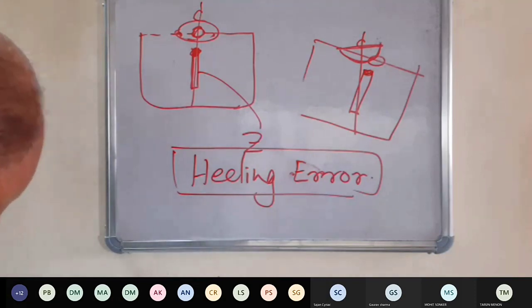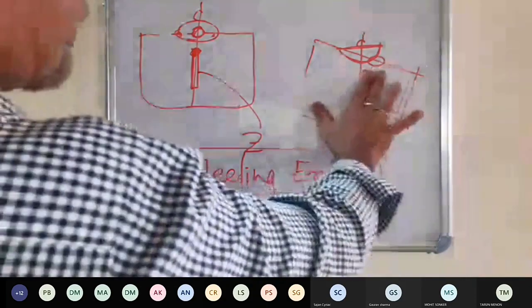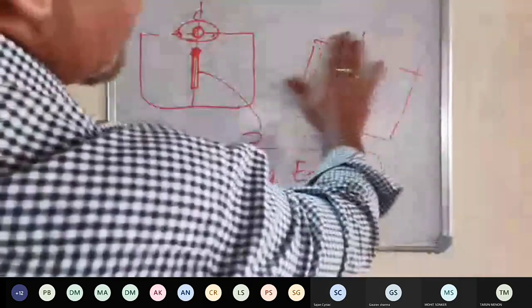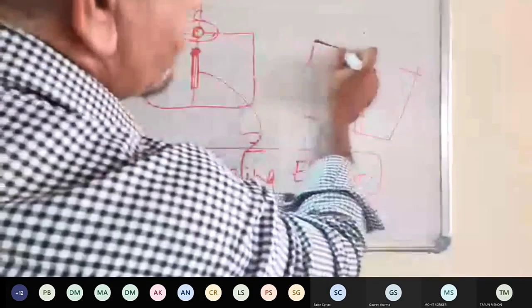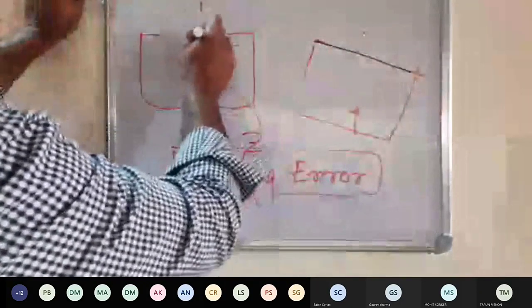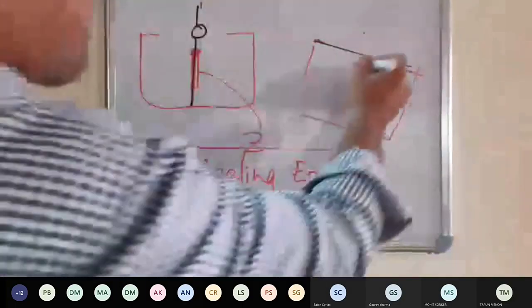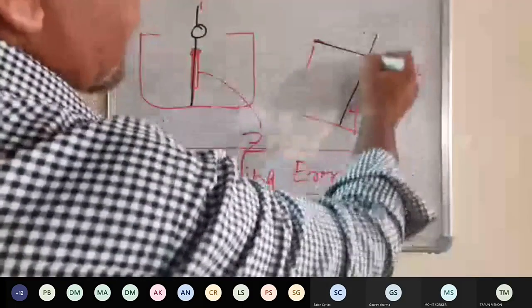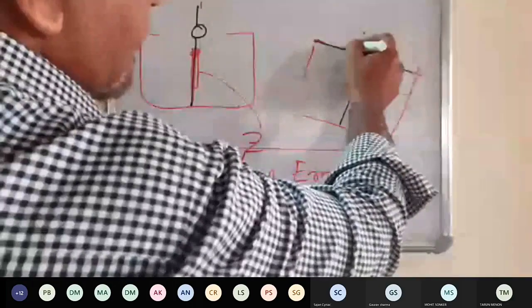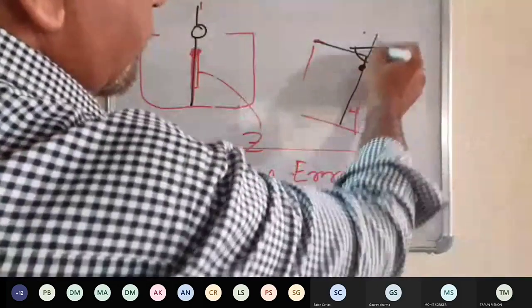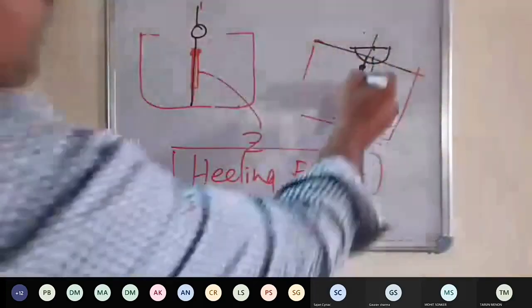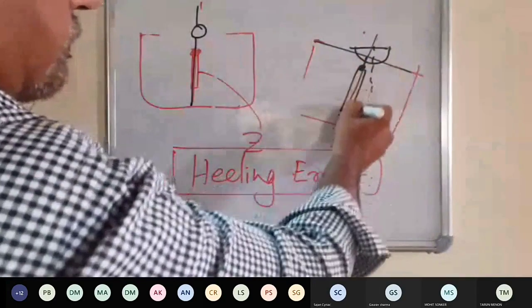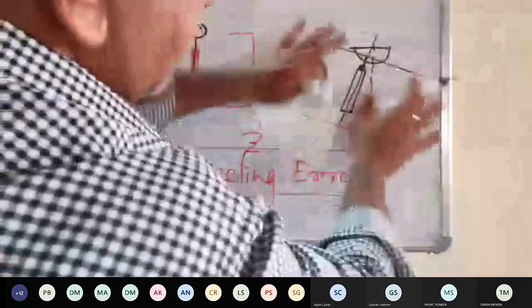So let us see top rod. Actually ऐसा नहीं होगा, ये सेंटर इसका हमने गलत बनाया. This will go something like this. Because when it is going like this, the compass pole will shift to the other side.